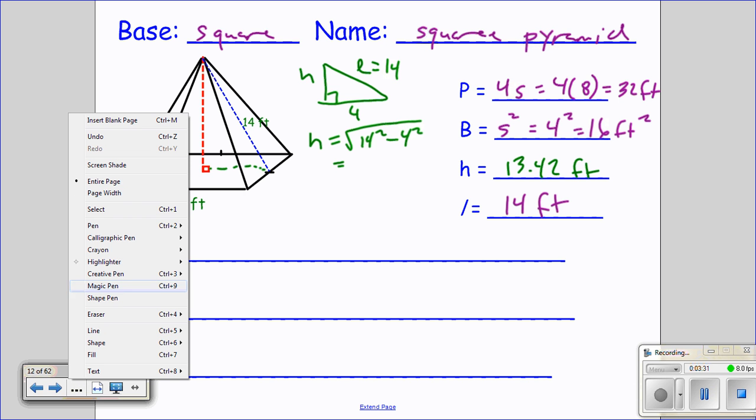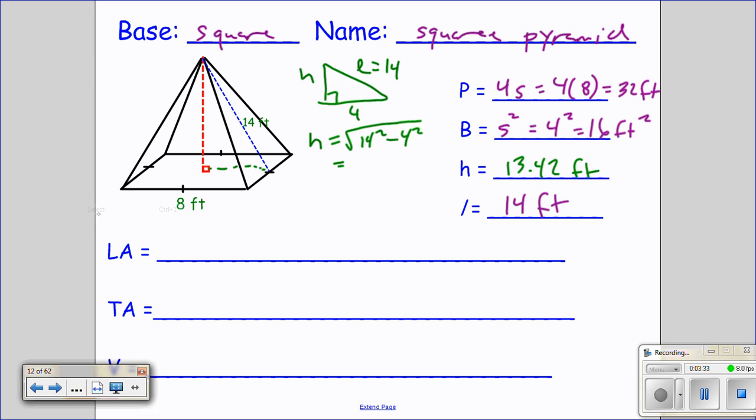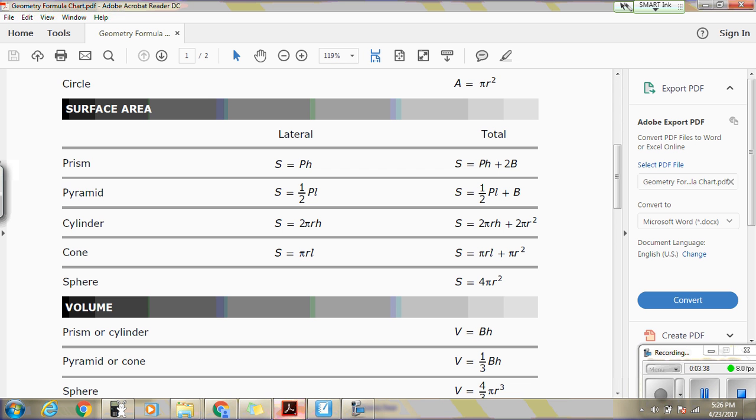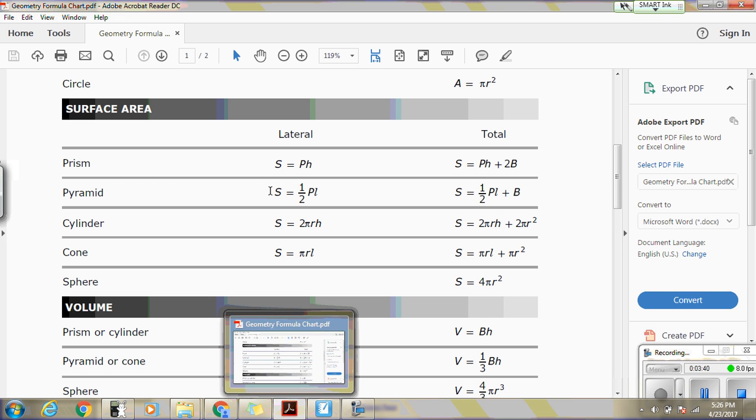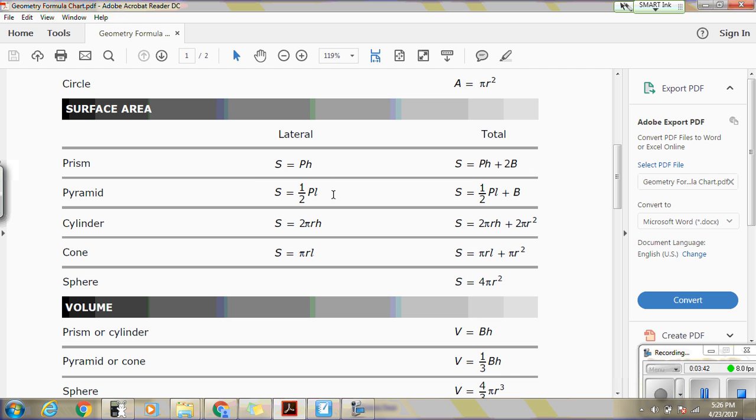All right, let's consult the formula chart for the area formulas and the volume formula. So for a pyramid, lateral area is 1/2 perimeter times slant height. Surface area is 1/2 perimeter times slant height plus base. And then for the volume, it's 1/3 BH.